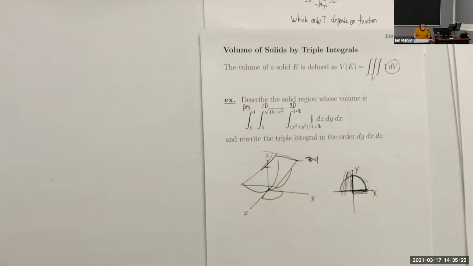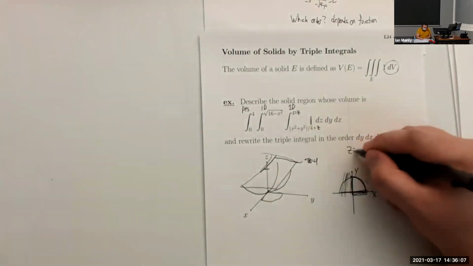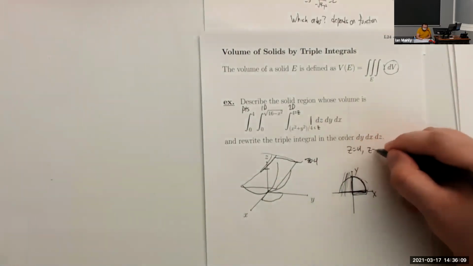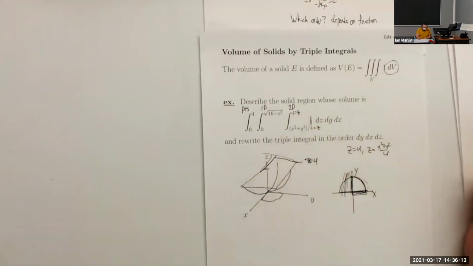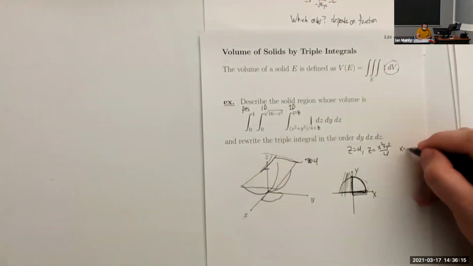All right, so now we need to rewrite this in a different order. We need to do this in the order dy, dx, dz. Okay, so let's write down our bounding information. We have z is 4. We have z is x squared plus y squared over 4. That's the bowl. And then we have x is 0 and y is 0.